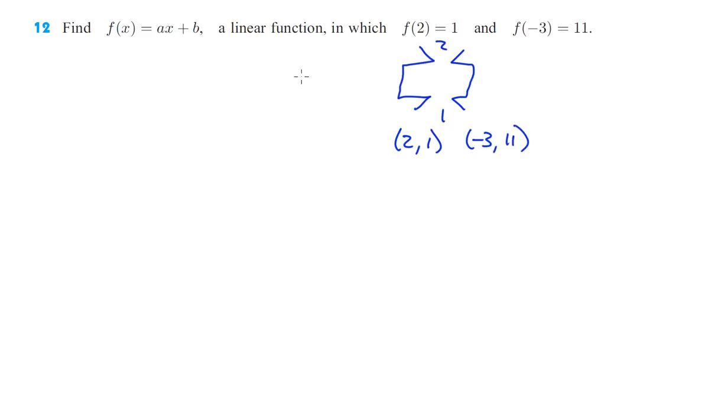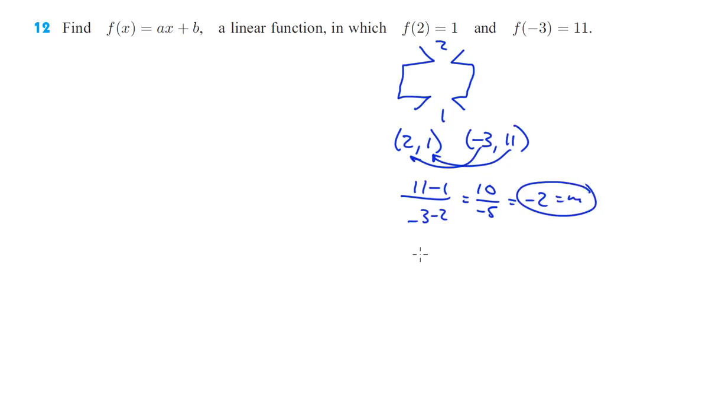Okay, so now all we're doing is just trying to find the equation of the line that includes those 2 points. Let's go with 11 minus 1 over negative 3 minus 2, which gives us 10 over negative 5, which is negative 2, our slope. Then we can choose either one of these points to plug into y minus y1 equals m times x minus x1.